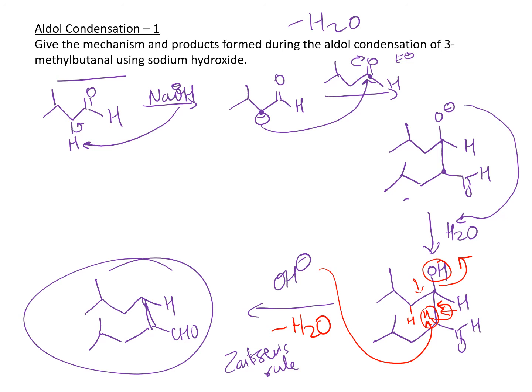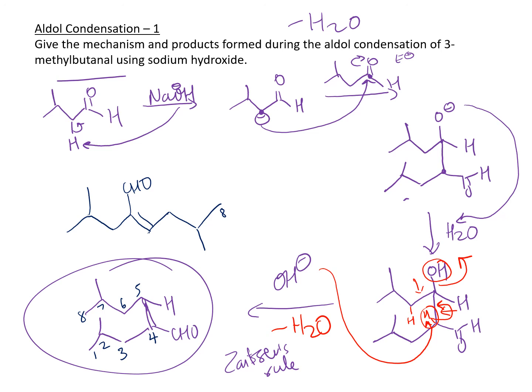So in any case, let's go ahead and write out our longest chain. 1 2 3 4 5 6 7 8. Okay, so we have 8 carbons here. If this is the 8th carbon, on the 7th one I have a methyl. This is 6, this is 5. 5 and 4 have a double bond in there. 4 also has a CHO coming out of it. 3, 2, 2 has a methyl group out of there.